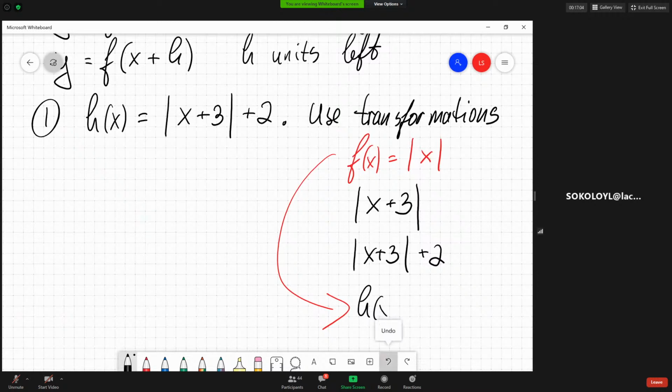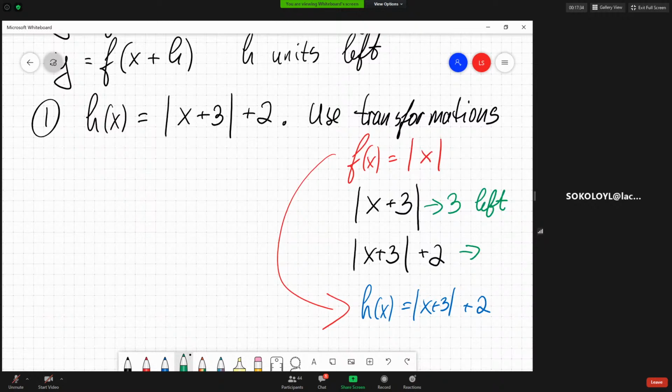Let's do blue for that, which gives us this guy that we were trying to graph, and also describes the steps that we need to take. So the first step, plus 3 inside the function, will tell me to go 3 units left. And the plus 2 outside of the function will tell me that to those points that I've already shifted 3 units to the left, I should now move them 2 units up. So 3 left and 2 up is the correct transformation.